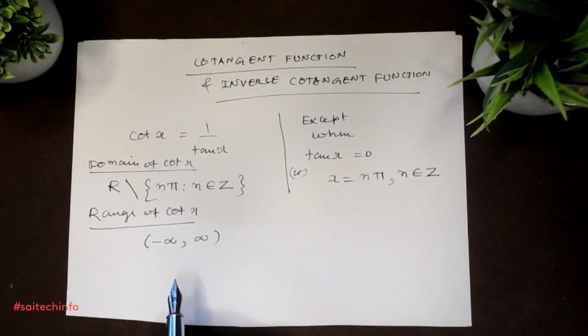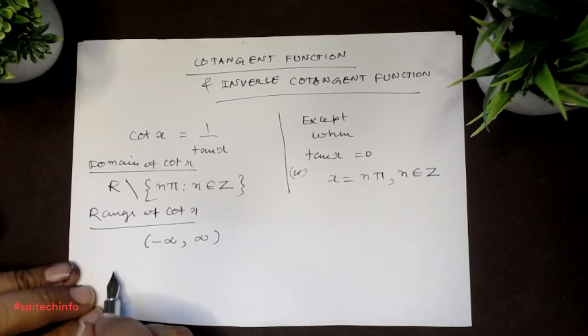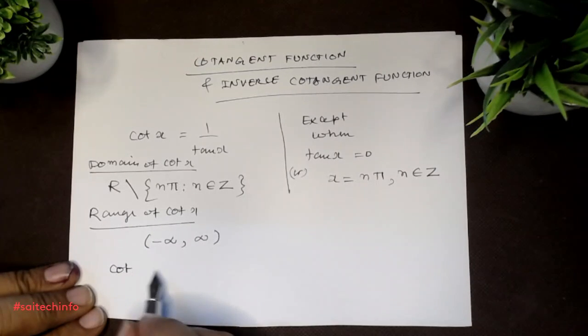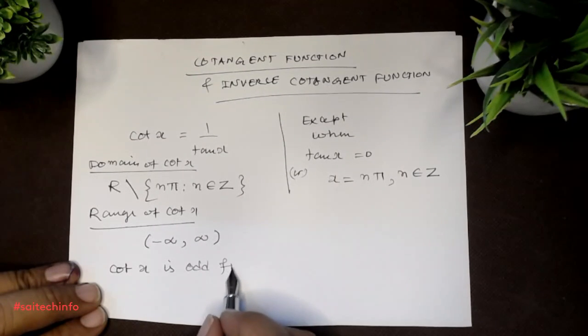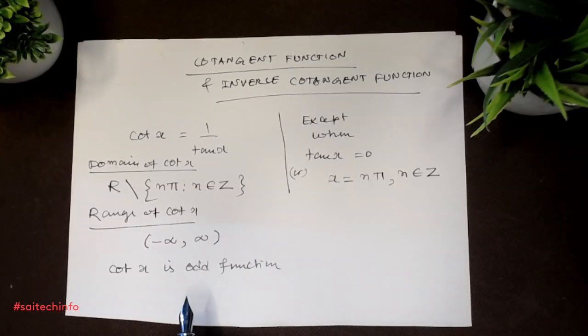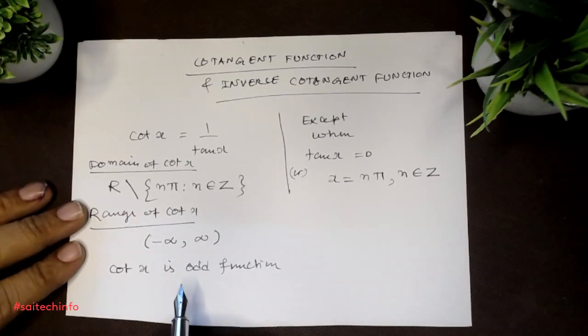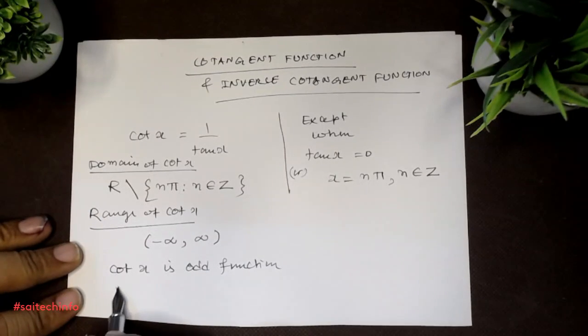Like tan x, the cotangent function is an odd function, so cot x is an odd function. And it is periodic with the period pi.